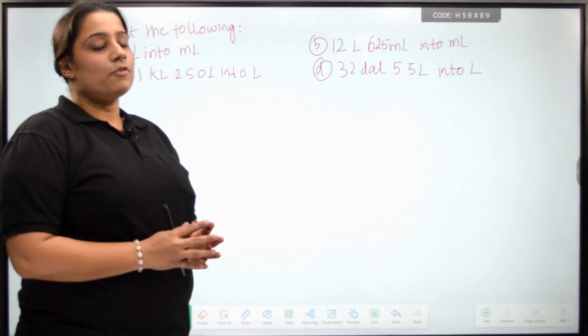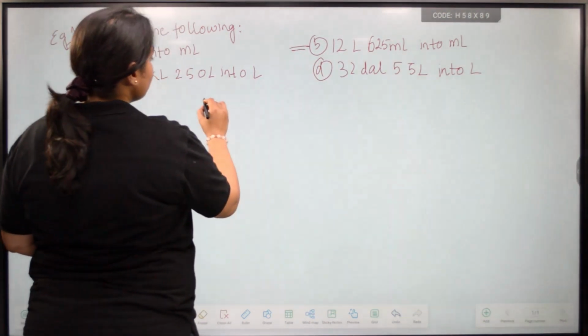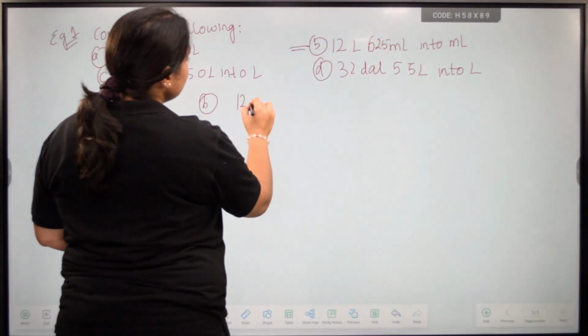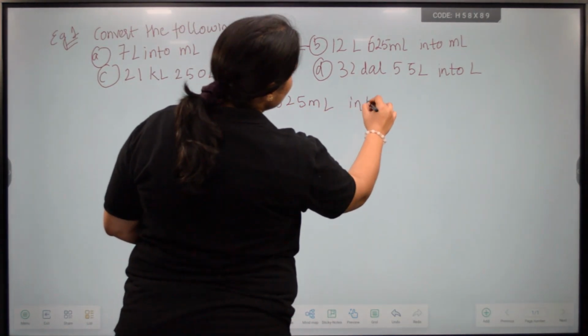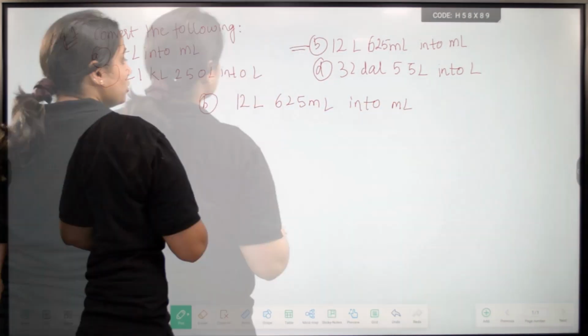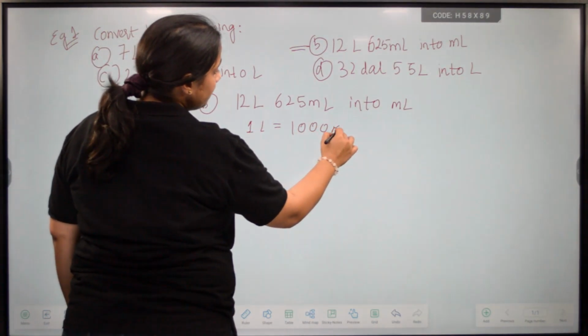Example 1. Convert the following. I am doing part B first. It is 12 liter 625 milliliter into milliliter. We know that 1 liter is equals to 1000 ml.